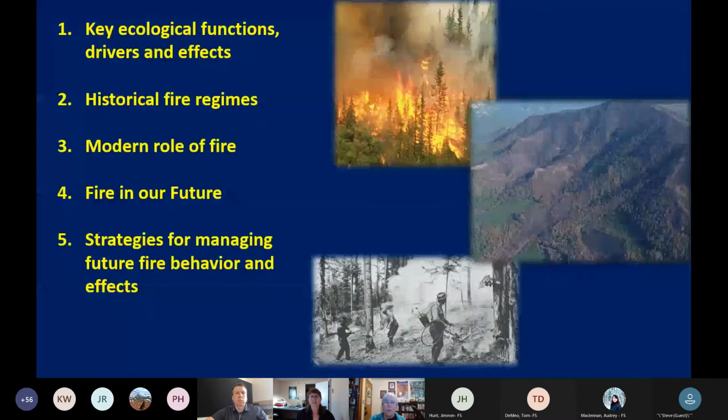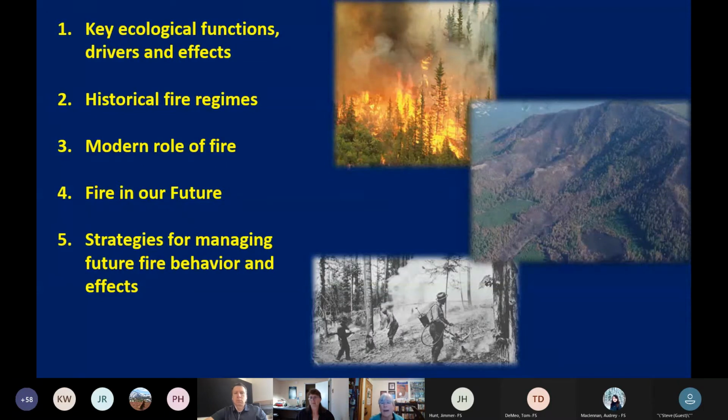and future. So today I'm going to cover some of the overarching key ecological functions of fire, as well as what drives fire on our landscape and what some of the common fire effects are.